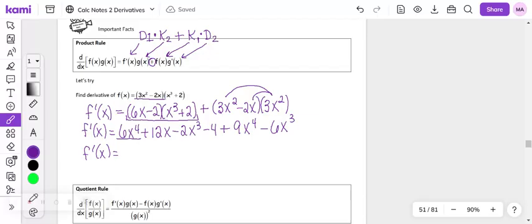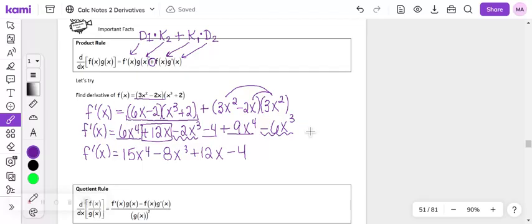So we have 6x to the fourth plus 9x to the fourth gives us 15x to the fourth. We have negative 2x cubed minus 6x cubed, giving us negative 8x cubed. Do we have any x squareds? I don't see any. So we'll go to 12x minus 4.